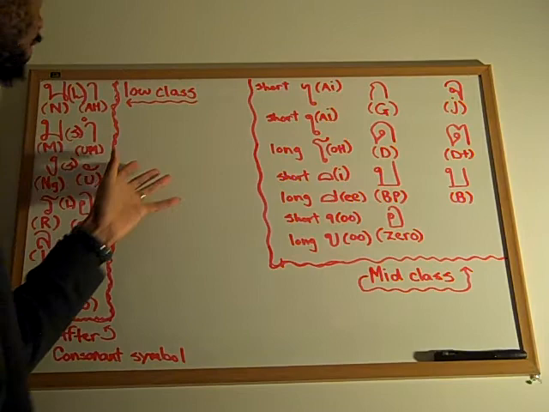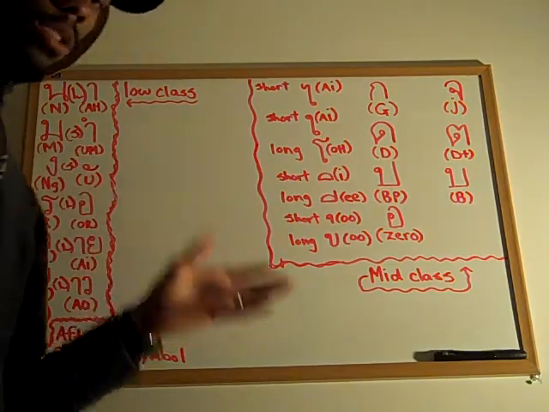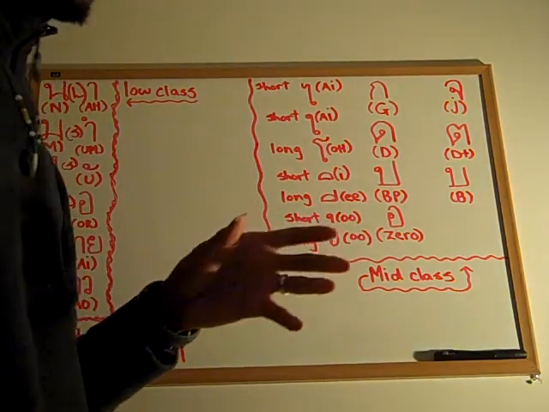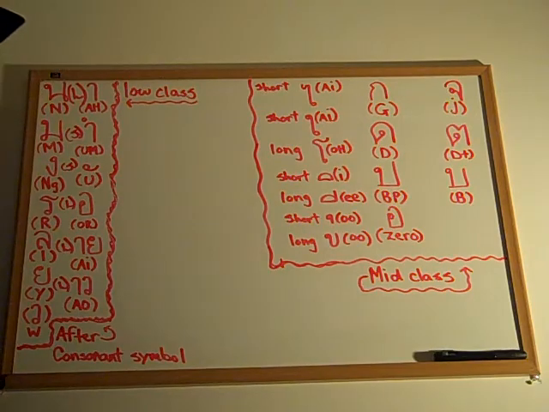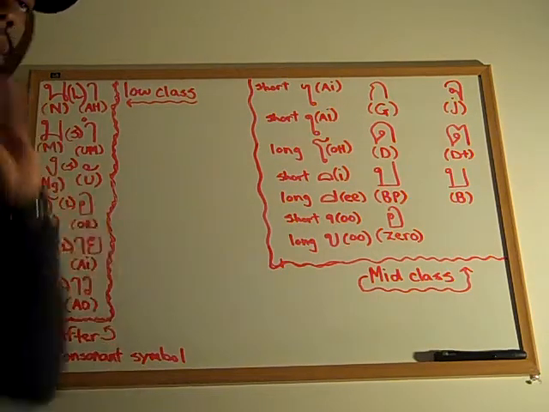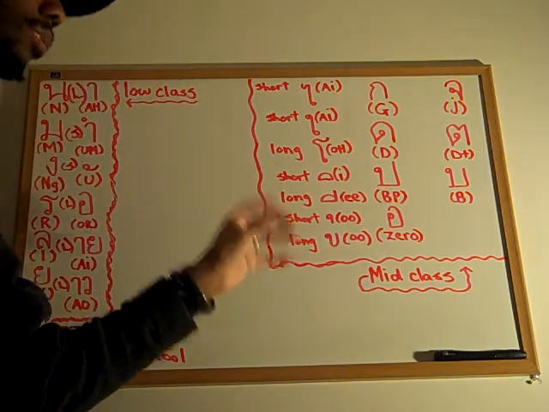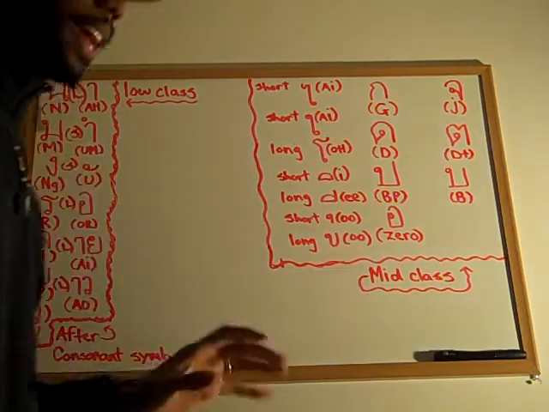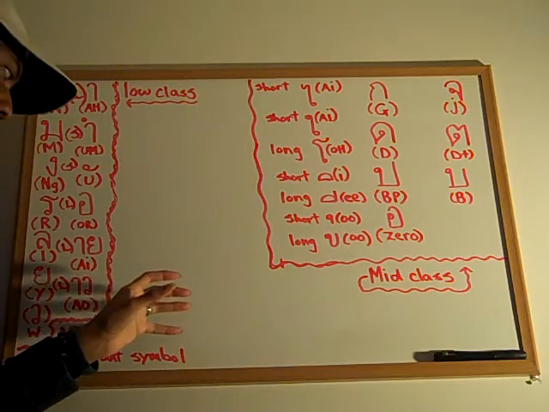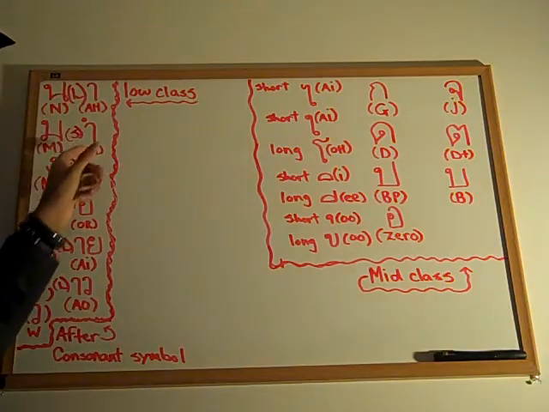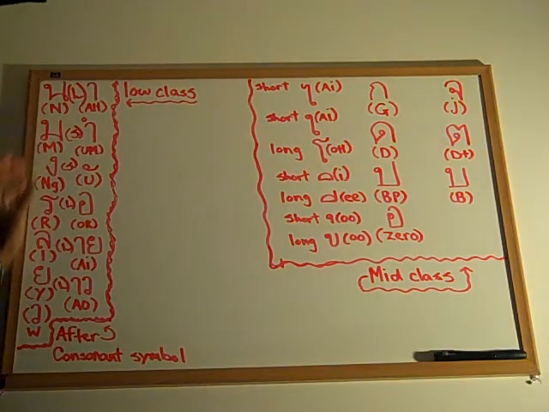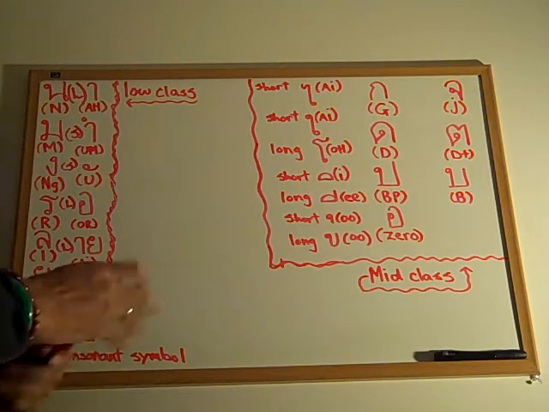For the consonants, you have a low class, a middle class, and a high class. And they talked about, as far as tones, distinguishing tones depends on the class of the letter. We're not going to worry about that right now, and that'll come later. Right now, we're just going to work on these here. On this side, these consonants will be low class.